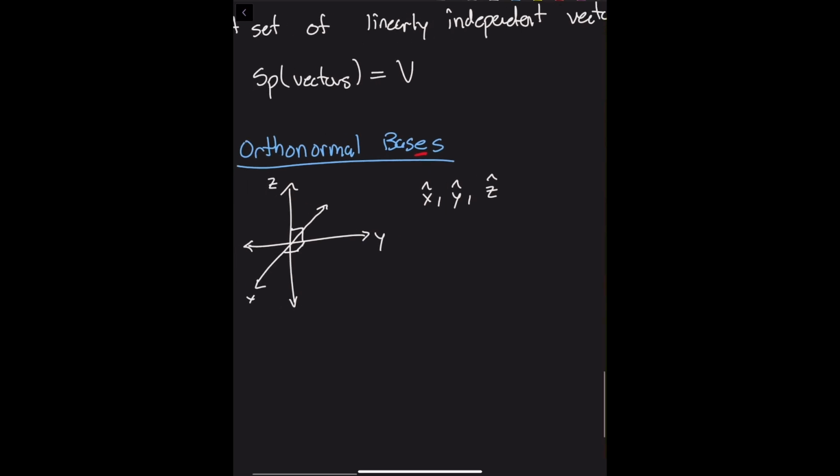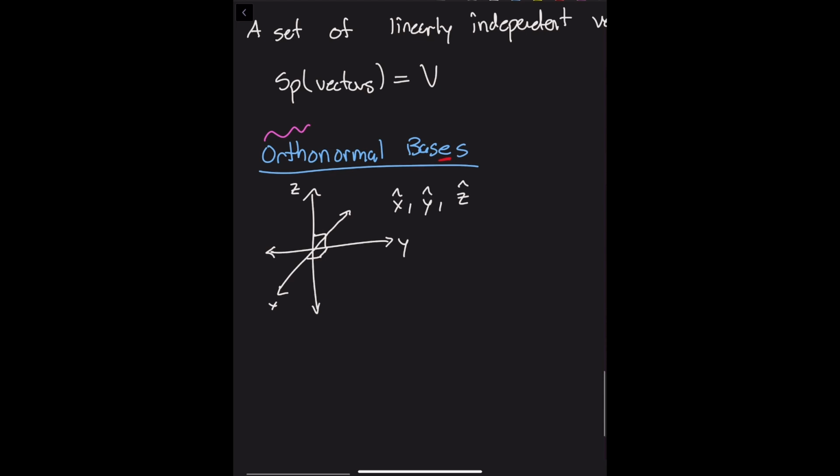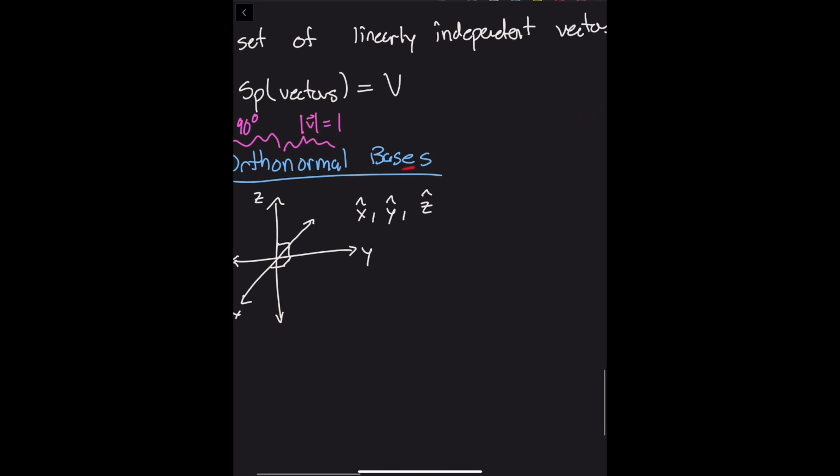Sorry, I didn't talk about the normal part yet. Ortho means 90 degrees apart. The normal part means that the norm of the vectors is 1. So it's much simpler to deal with when you multiply something, it doesn't actually change.